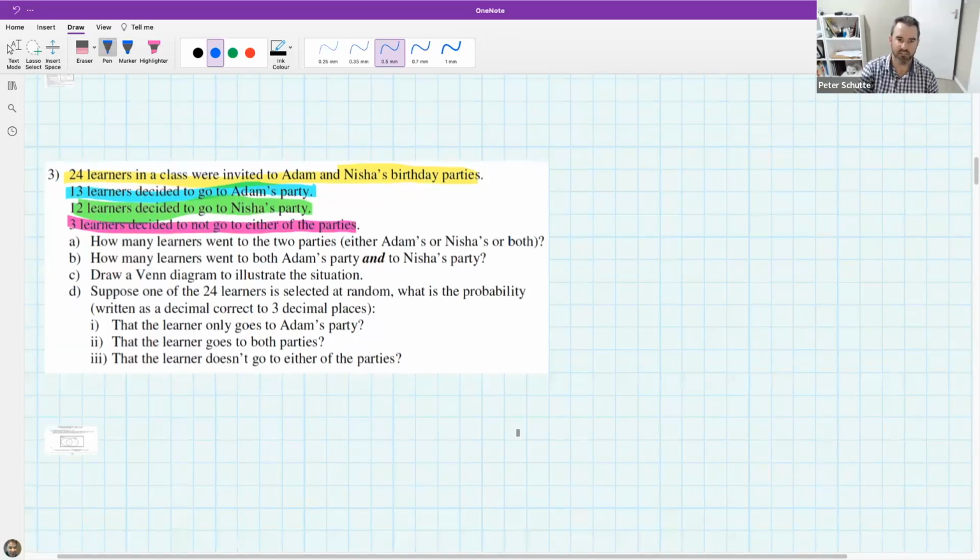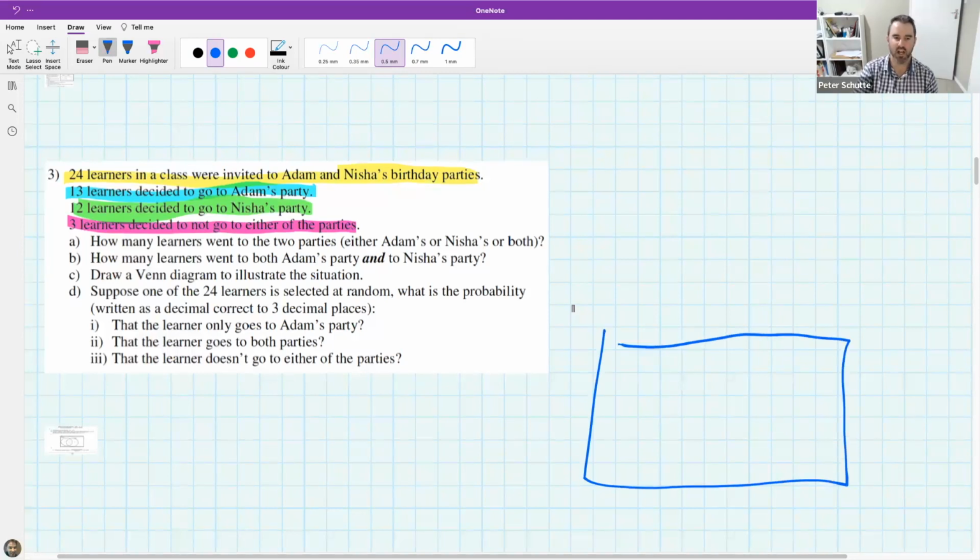I want you to draw a Venn diagram for this first, and then just tell me done when you're done. We'll talk about the questions afterwards, because they're easy once you can do the Venn diagram. So draw your Venn diagram and then tell me done in the chat.